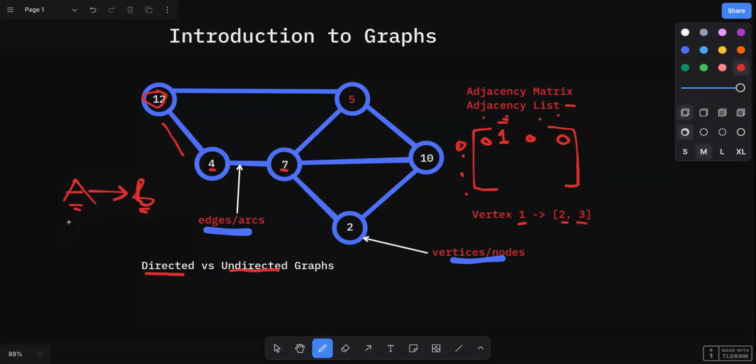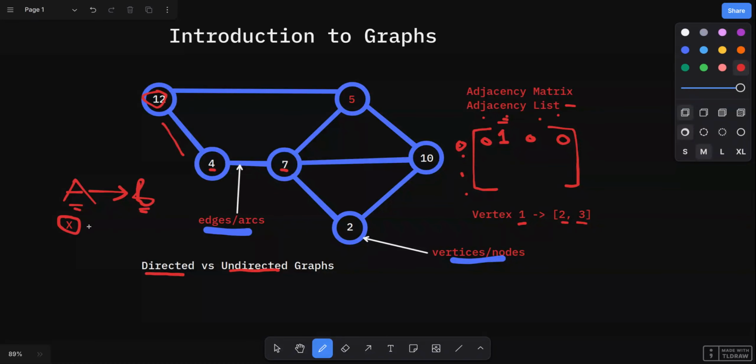An example that we can use here is when you go on a platform like X. Person A can follow person B, but it doesn't necessarily mean that person B follows person A back, right?